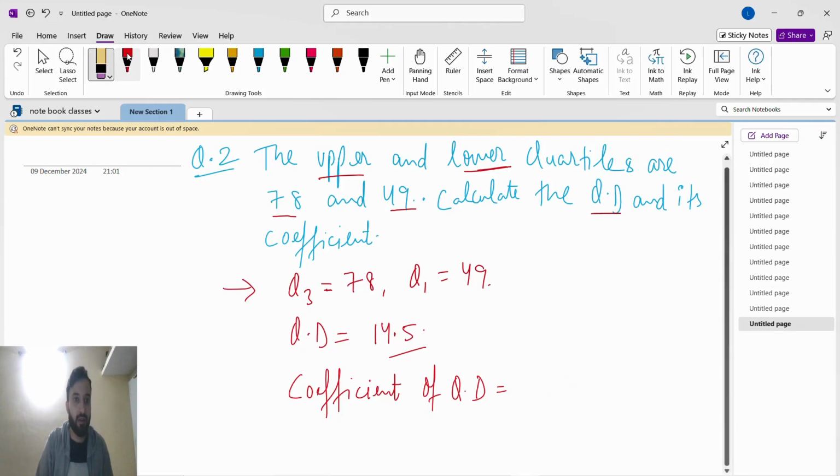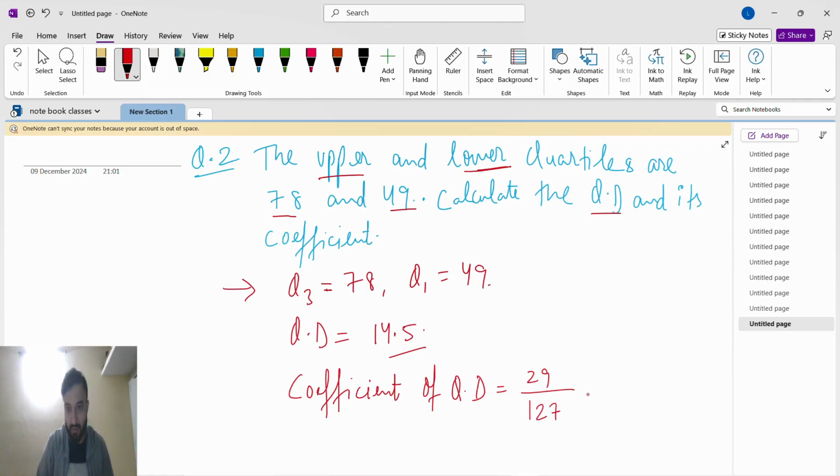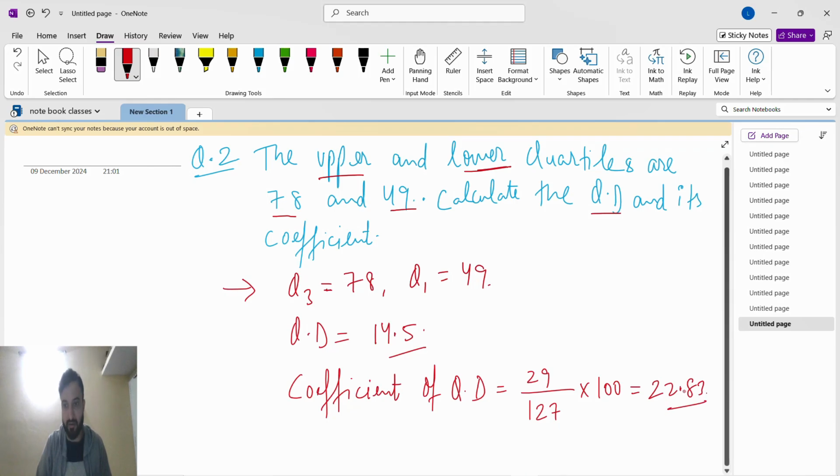So we just have to do Q3 minus Q1 divided by Q3 plus Q1. 78 minus 49 is 29, divided by Q3 plus Q1, 78 plus 49 is 127, into 100. So 29 divided by 127, into 100. We are getting 22.83. Yes, 22.83 is the correct answer.